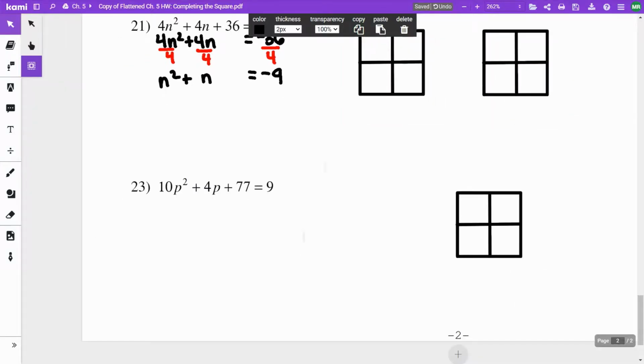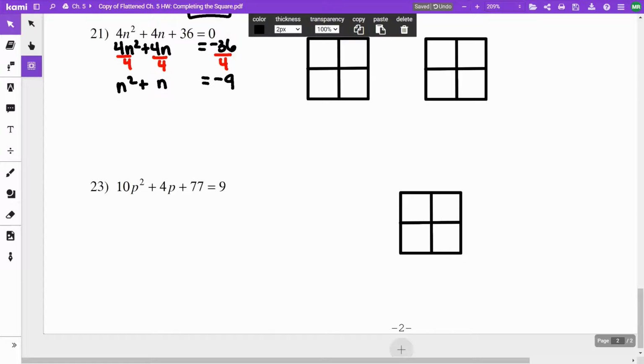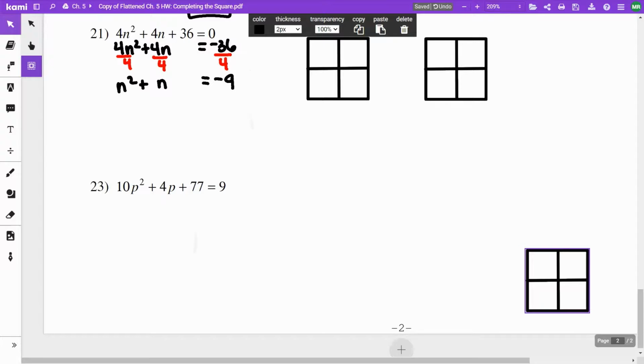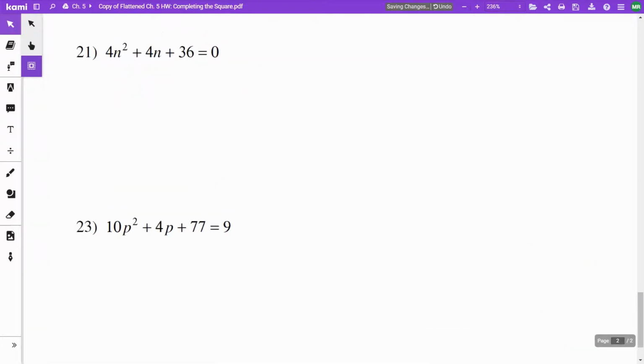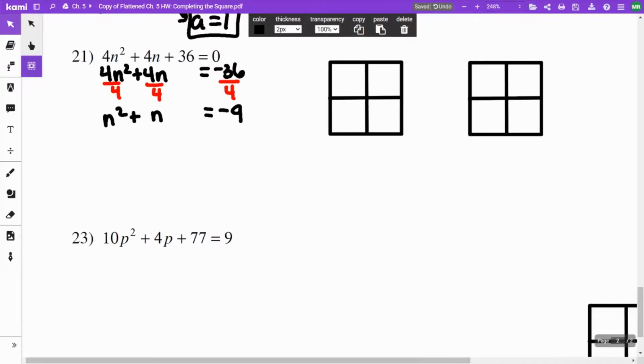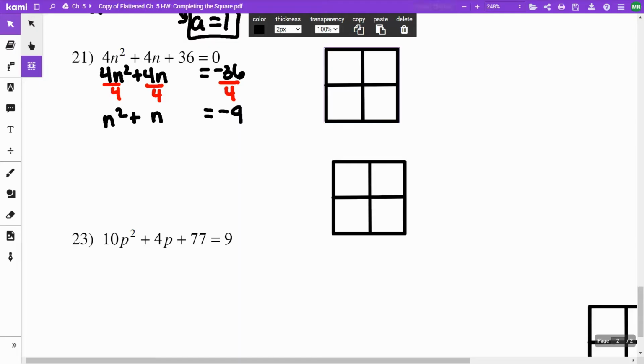So here, let me give myself some more space. I'm going to move this one for a second. Okay, so I'm going to again do this two ways.